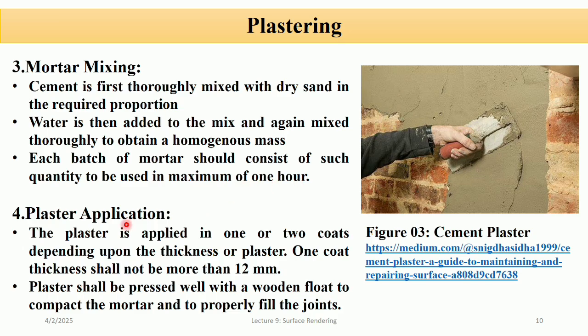The fourth step is plaster application. The plaster is applied in 1 or 2 coats, depending upon the thickness of plaster. In case of a single coat, the mortar is dashed against the surface between the screeds, and one coat thickness should not be more than 12 mm.